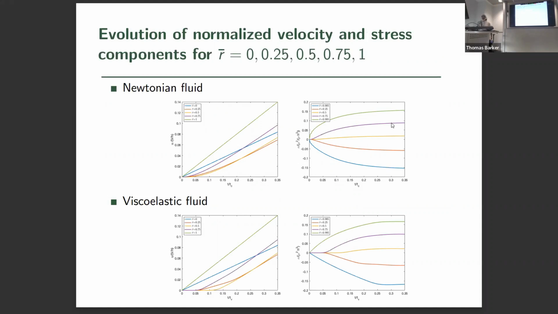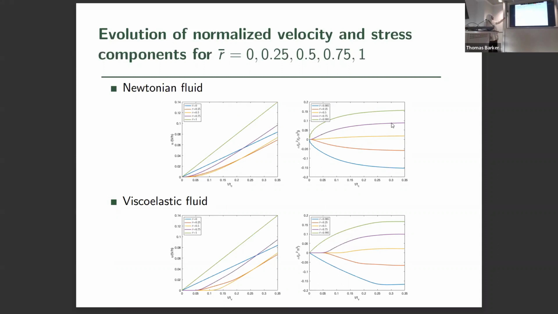For specific discretization and fluid parameters, we study the evolution of normalized velocity and stress components at some regions between two rotating cylinders. In the Newtonian fluid, we have the higher velocity near the outer cylinder, which is at R equal to 1.